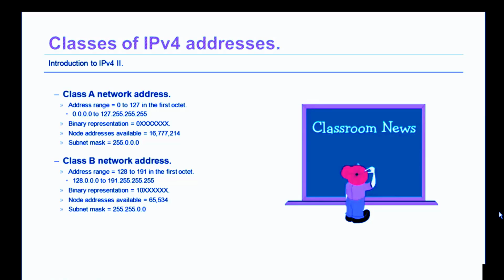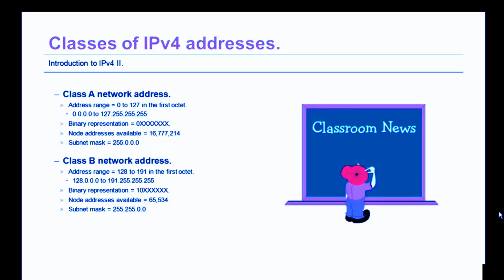Then there are Class B network addresses. They have an address range of 128 to 191 in the first octet. That means that Class B networks can have a range of 128.0.0.0 up to 191.255.255.255. The first octet on the left always has a binary representation that begins with a 10.